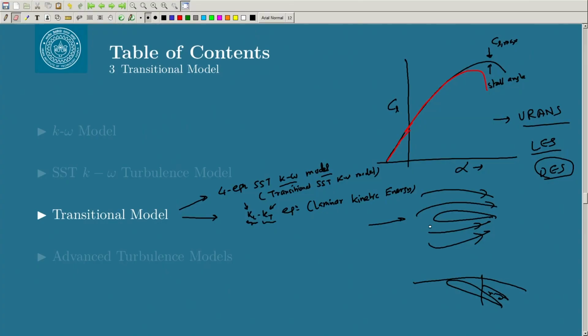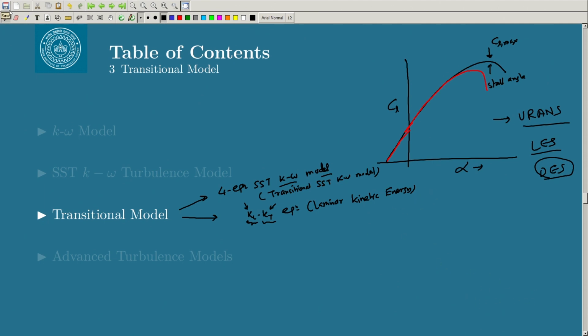The flow can be laminar in one region, turbulent in another. I also discussed this in the last class. Before that, this is KL, KT and omega. So, you had K omega, but now you have the laminar and turbulent kinetic energy separated. The laminar kinetic energy will be lower than the turbulence kinetic energy.